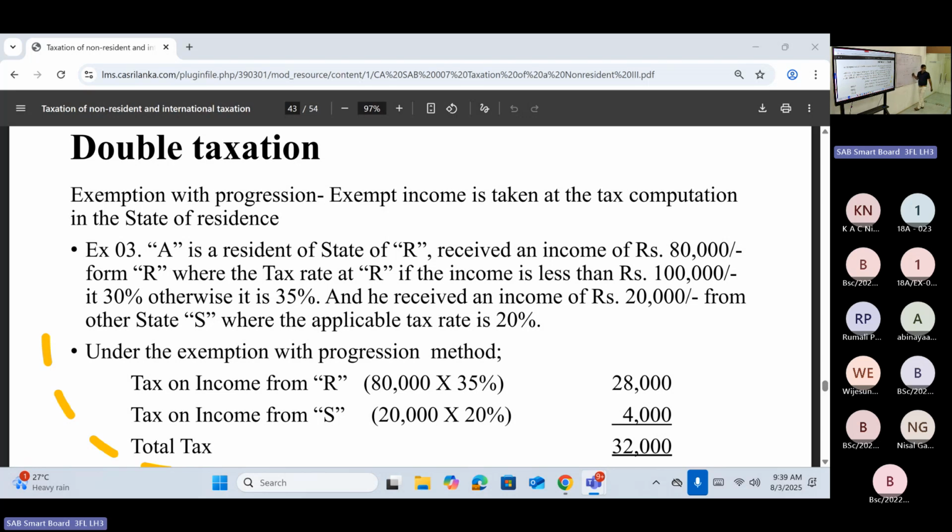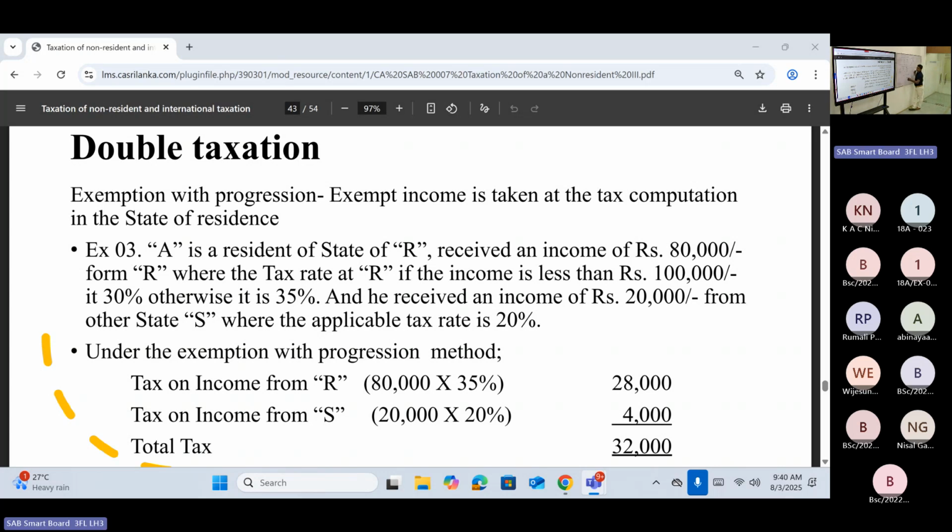And in Country S you have to pay 4,000 anyway. Now, total tax liability: Country R, he received 80,000, on that 35%, that is 28,000. Country S, he received 20,000, on that 4,000. 32,000 is the total tax liability.